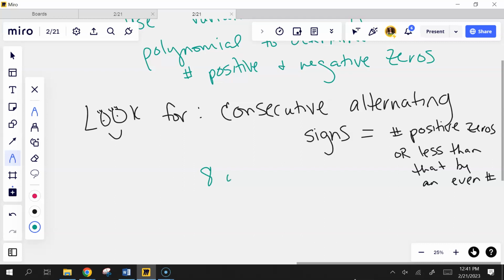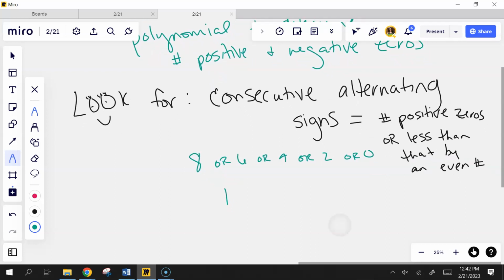That would mean I could have 8 or 6 or 4 or 2 or 0. You're not going to have this many alternations. Alternations, not alterations. If I had 1 alternating sign, that means I'd have exactly 1, because I can't go down by an even number. I can't go below that.